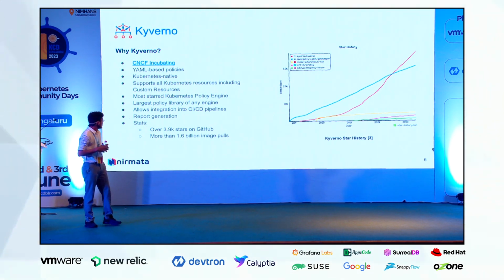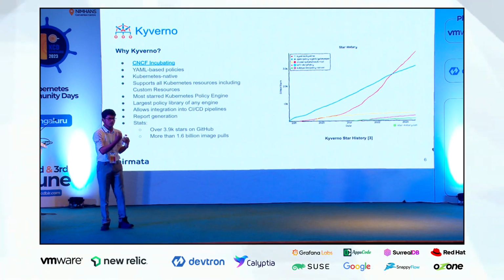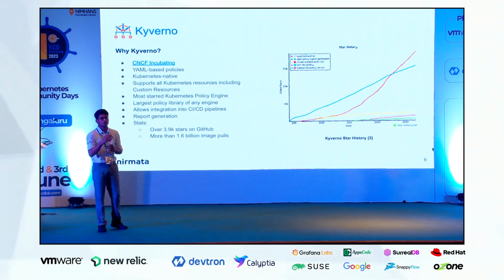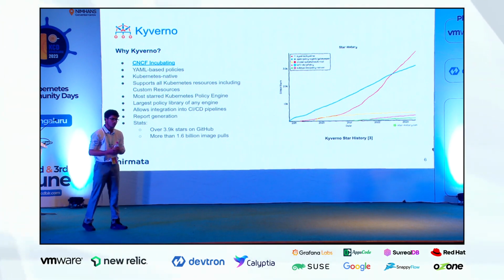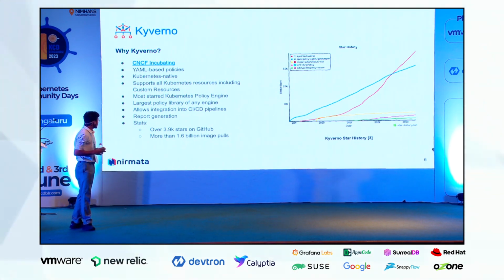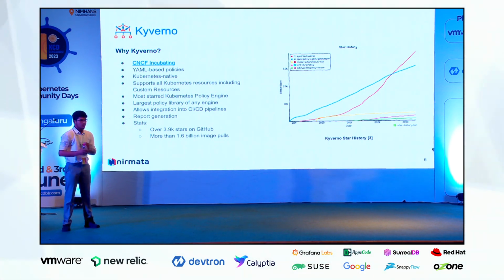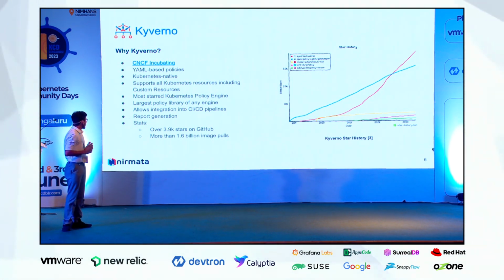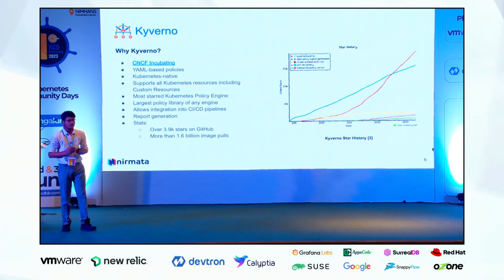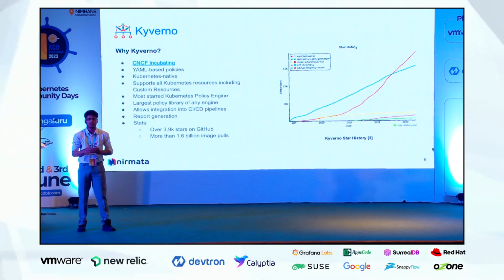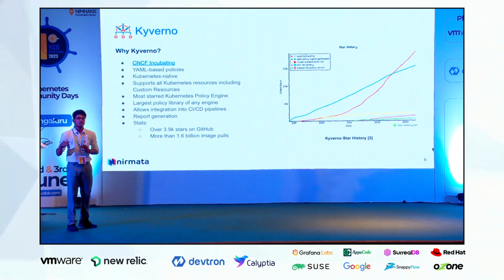Now, you can also integrate the Kubernetes resources. These are the already available Kubernetes resources that are out there. It works seamlessly with them. On top of that, Kyverno also works very well with custom resources, and it is one of the most starred Kubernetes policy engines on GitHub at this point. It allows integration with CI/CD pipelines so that the entire software development comes in a very harmonized way.